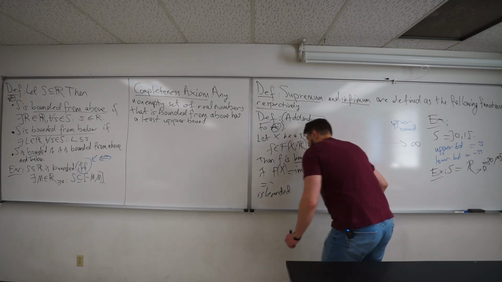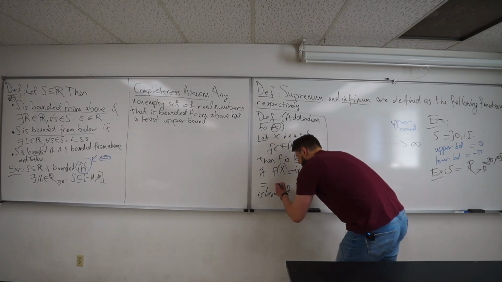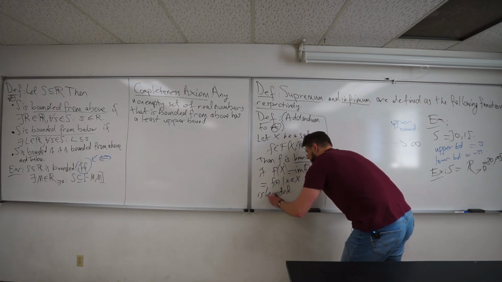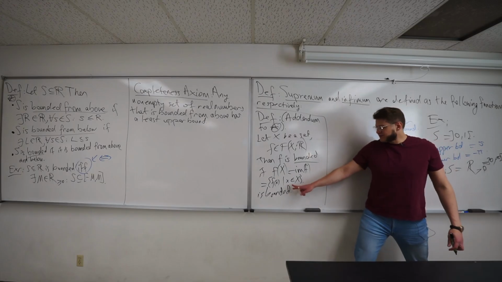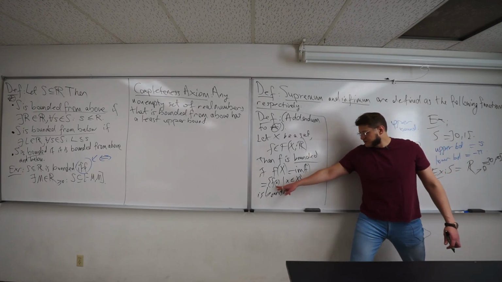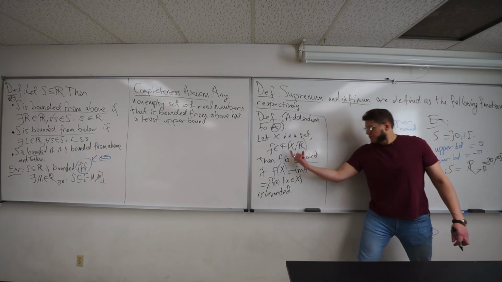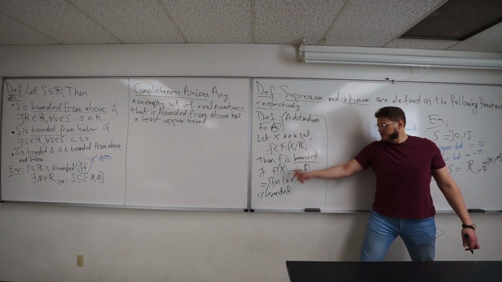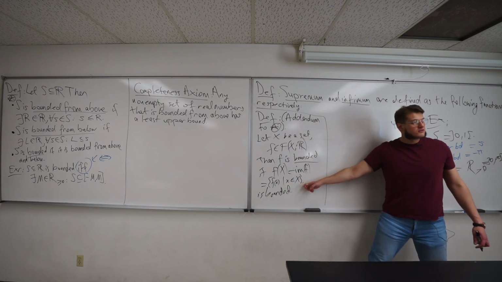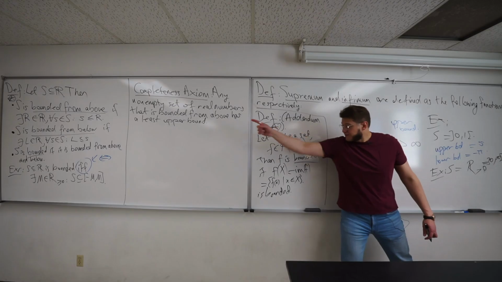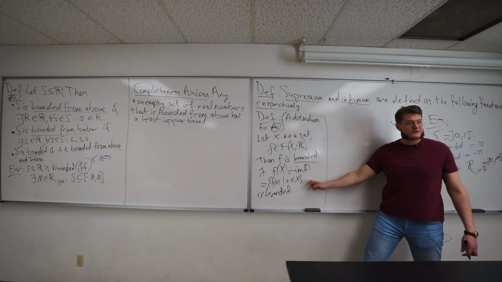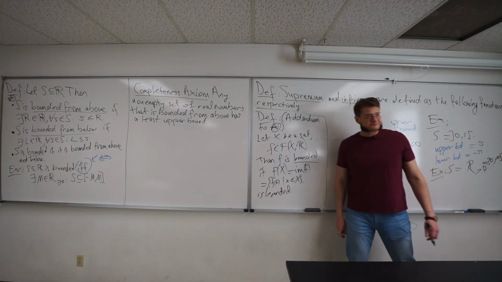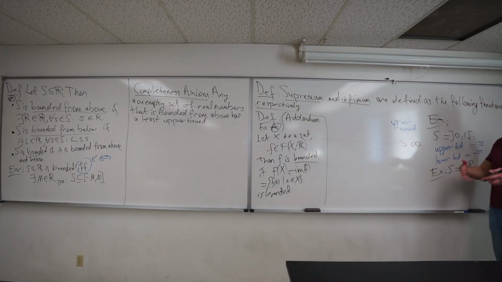This is nothing but the set of f of x's such that x is in capital X. For any lowercase x in X, once I apply f to this lowercase x, now f of x, by definition of f, is a real number, which means that this is a set of real numbers. So that definition you can import immediately to talk about the boundedness of this specific set. So a function is bounded if its image is bounded.